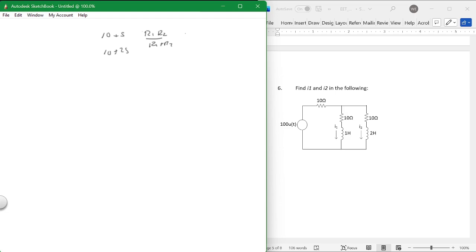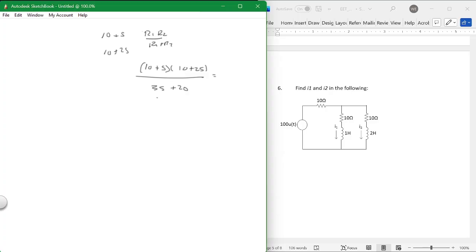So how do you do that? Well, it's 10 plus S times 10 plus 2S over, what is the addition? It's 3S plus 20. So what is the numerator? It's the multiplication of this.